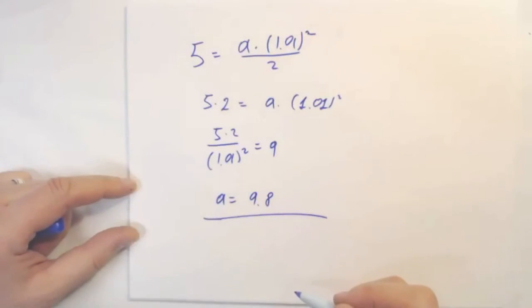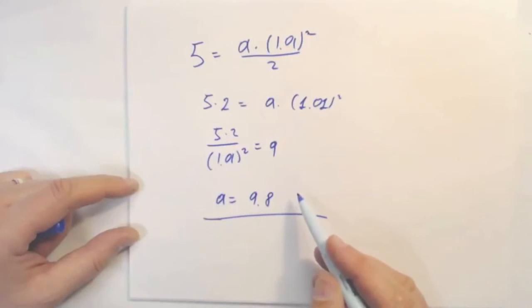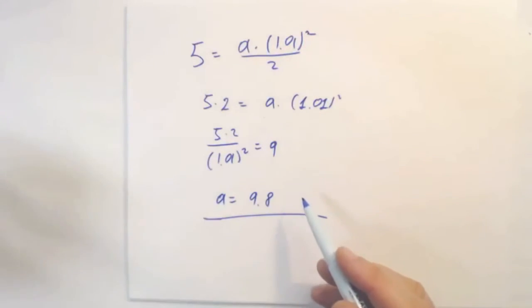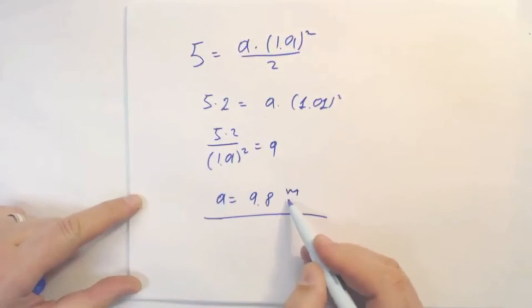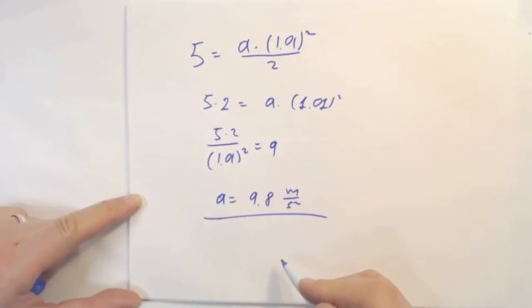Are we done? Not yet. In physics, most physical quantities have units, so we have to write the unit here. If we are using the metric system, meters and seconds, acceleration automatically has a unit, meter per second squared.